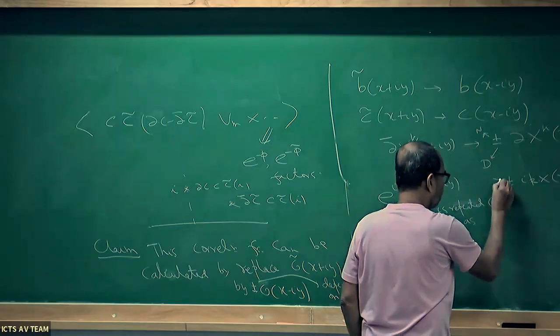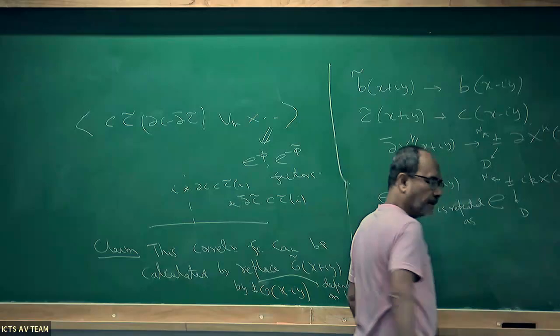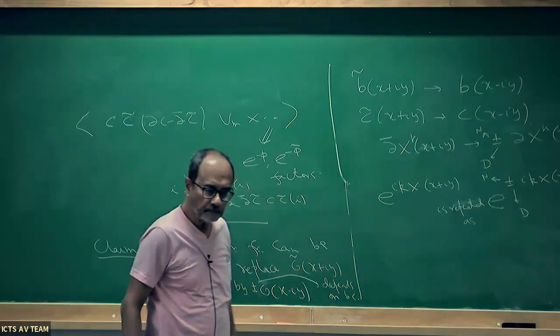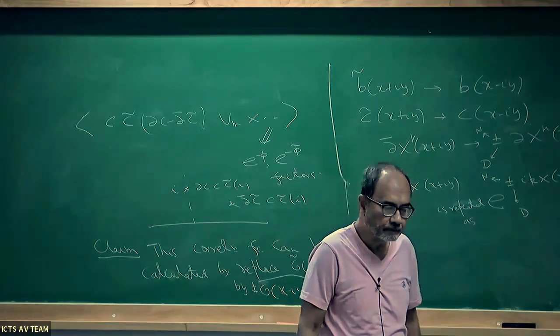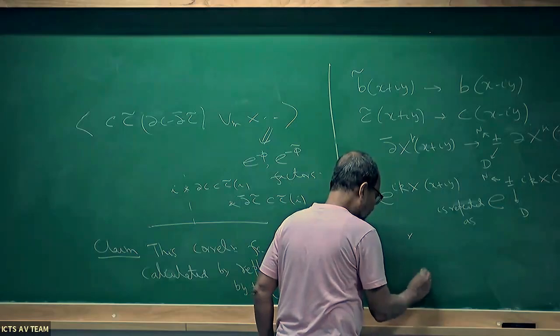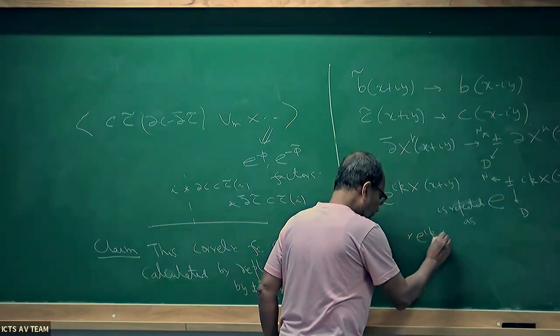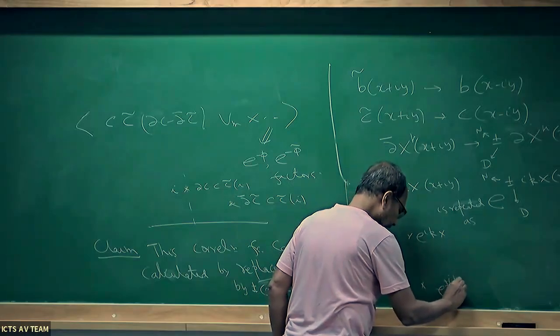Again, plus for Neumann, minus for Dirichlet. Pardon? Well, you pretend as if there is e to the i k dot X here and another e to the plus minus i k dot X at the image point.